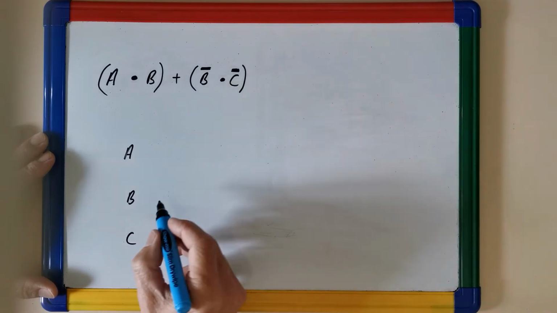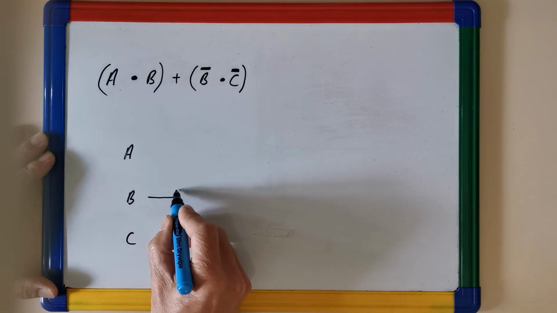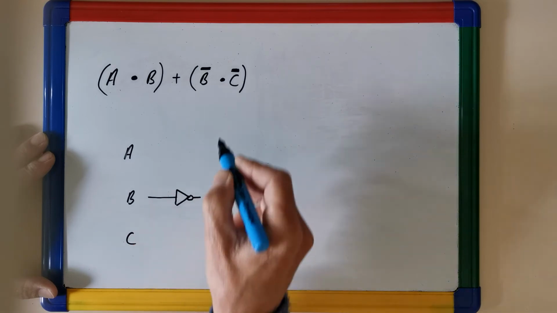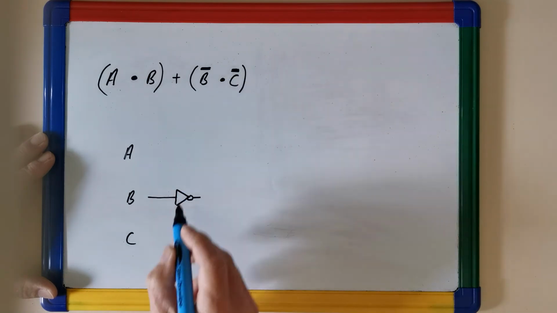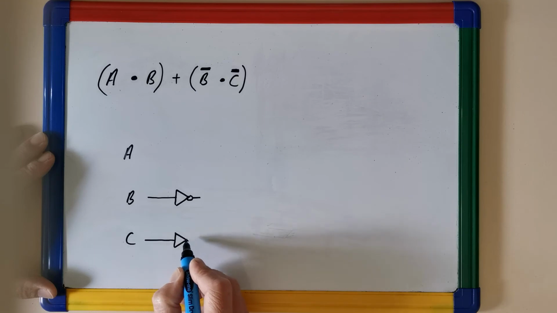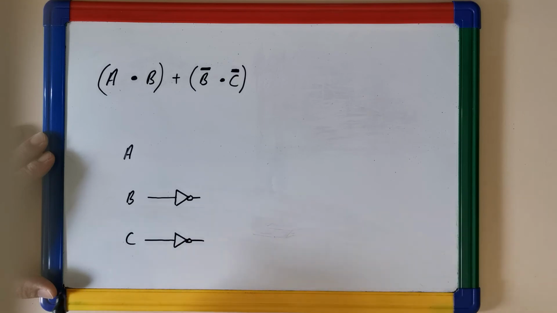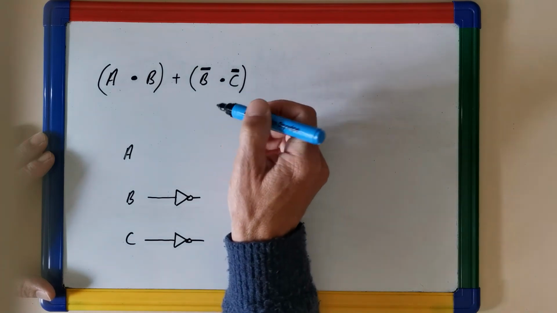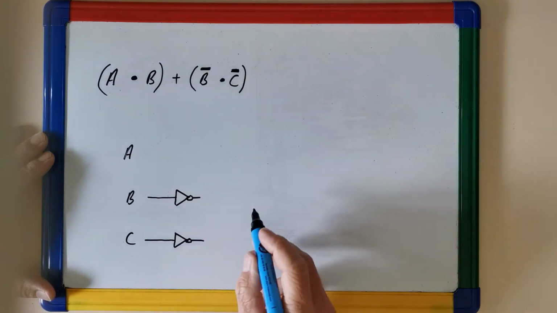So B is going to go through an inverter, and C is going to go through an inverter or a NOT gate to do that. So we may as well finish this little bracket on its own here, since both of those go into an AND gate.